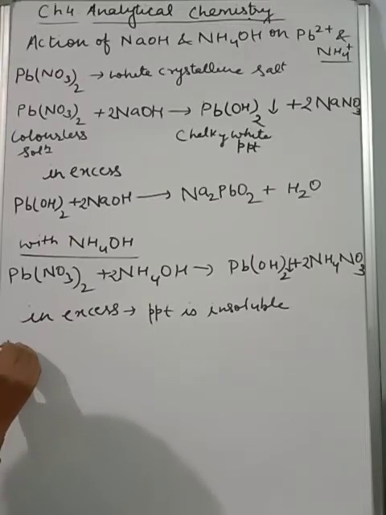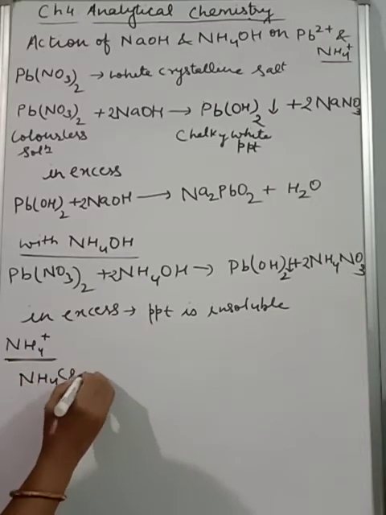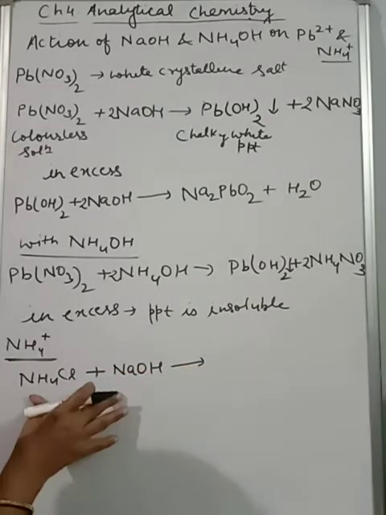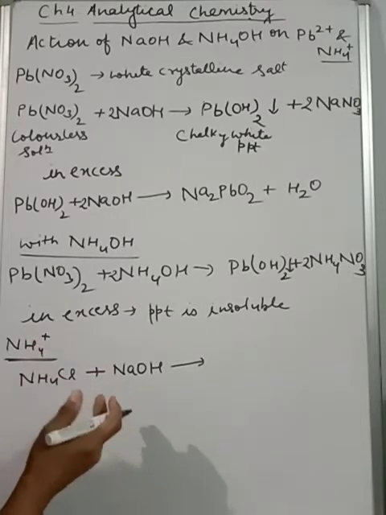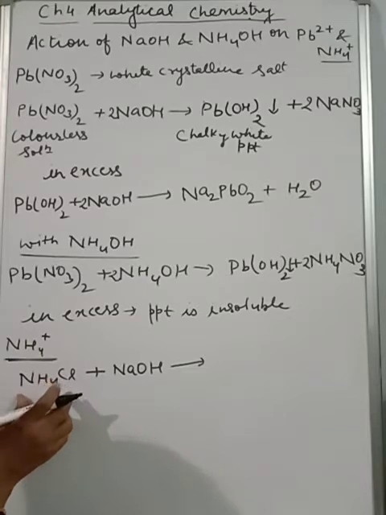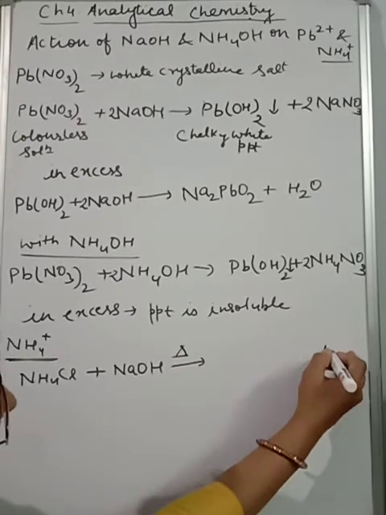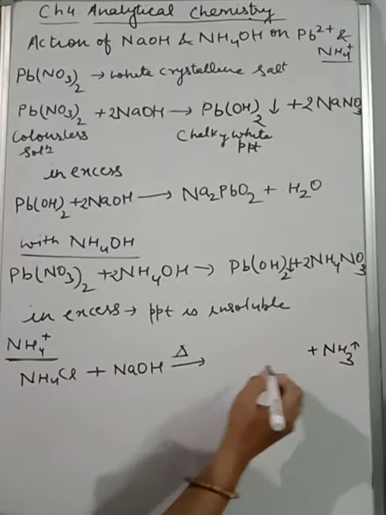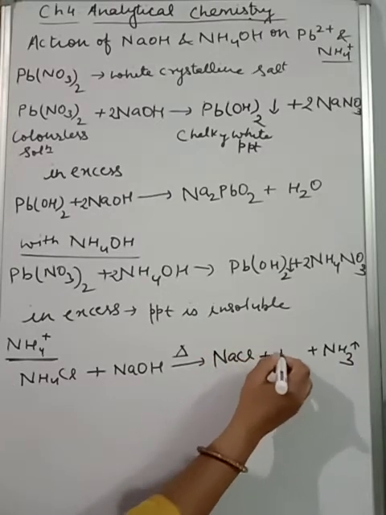Now we will discuss ammonium ion. For this ammonium ion, students, we normally take ammonium chloride salt. So first take ammonium chloride plus NaOH. And this is a most important reaction because related to that you will study in the chapter on ammonia also. So when we take ammonium chloride plus NaOH and heat it a little bit, you get a gas with a pungent choking smell, and that gas has the ability to turn wet red litmus to blue.